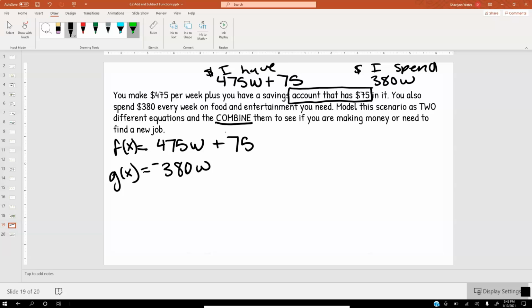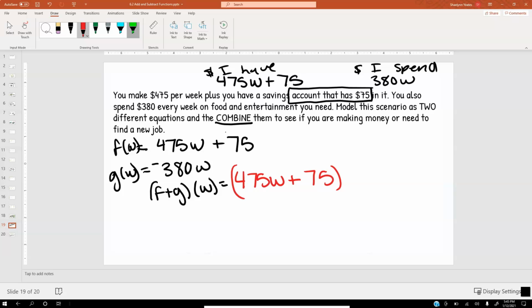So now we're going to combine these. So I'm going to take my f of x, 475w. Oh, these should be w's instead of x's, huh? F of w and g of w. So now we're going to find f plus g of w, which is $475 per week plus my $75, that's my f. And I'm going to add my g function, negative $380 per week.